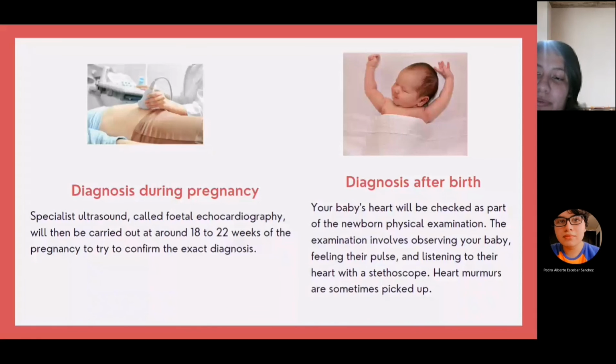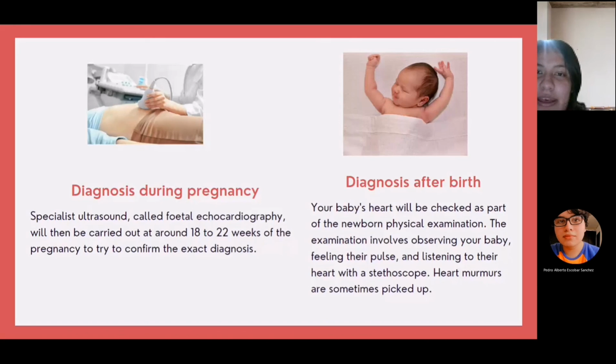The examination involves observing your baby, feeling their pulse and listening to their heart with a stethoscope. Heart murmurs are sometimes picked up. However, some defects don't cause any noticeable symptoms for several months or even years. You should see your GP if you notice signs of the condition. Further testing can usually help to confirm or rule out a diagnosis.